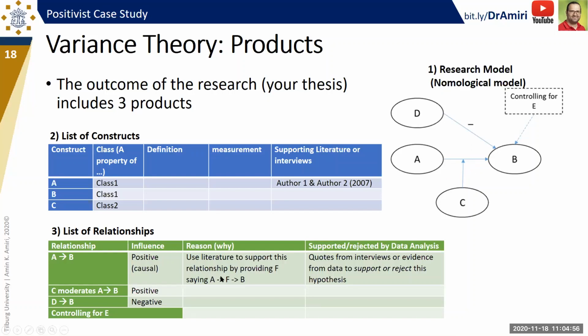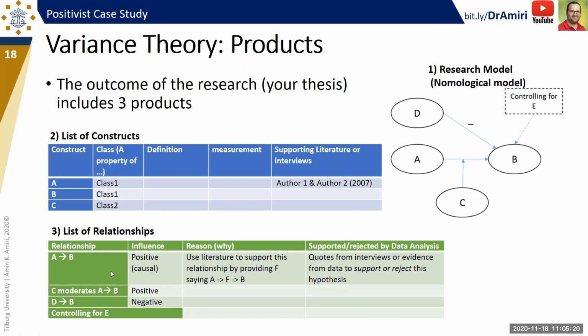F is not measured by you. You just want to mention it as a reason. And then you also try to provide some support from the interview or literature, as well as data analysis. You want to be able to support or reject this hypothesis using data analysis.